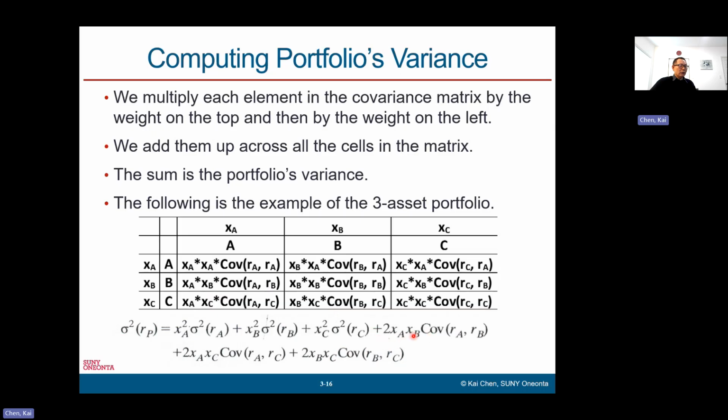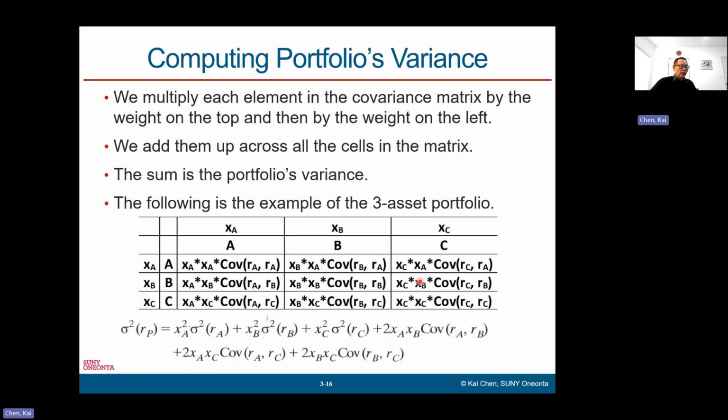So we have 2 times XA times XB times the covariance between A and B. Okay, and for these two cells, they should have the same value, right? And then we have this term. And finally we look at this cell and this cell.